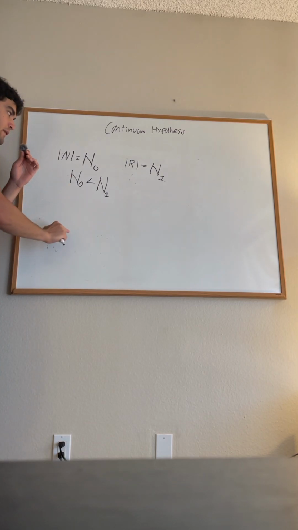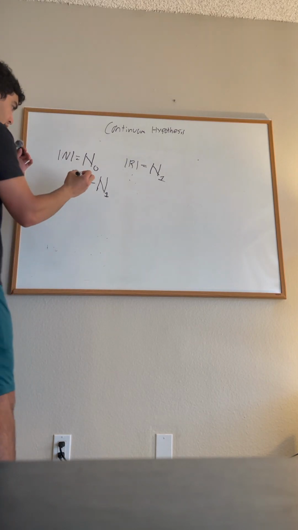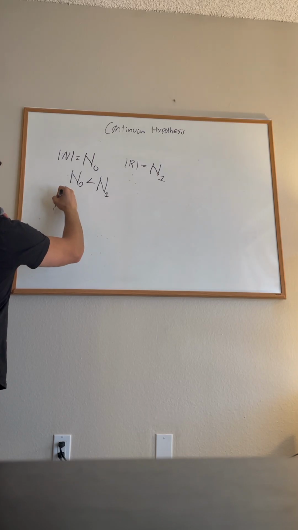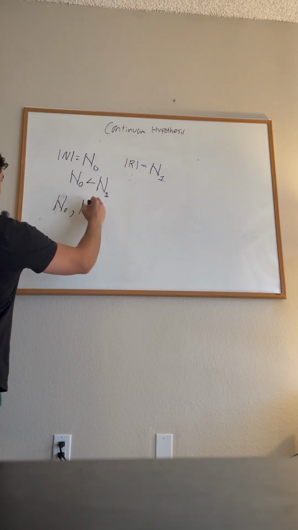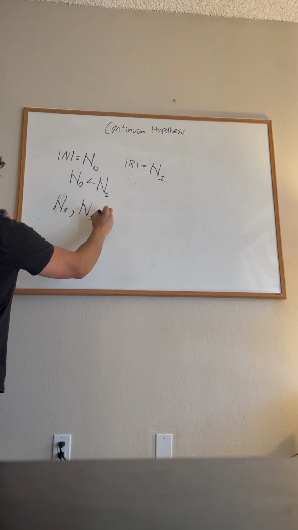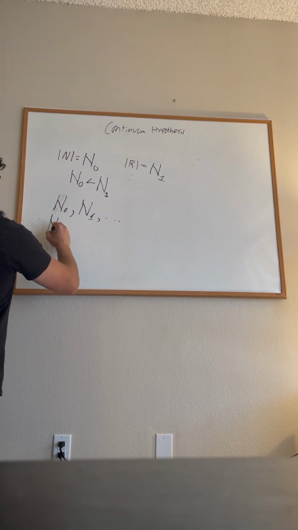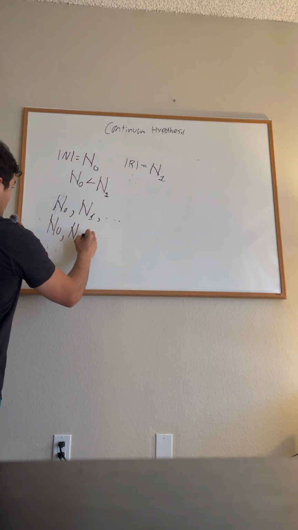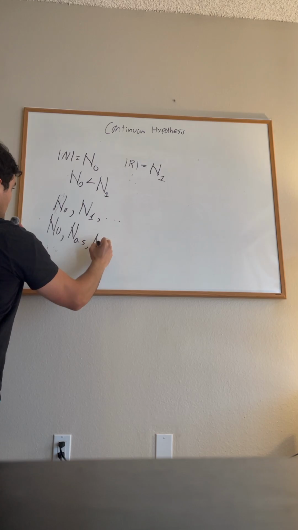So do the cardinal numbers look like this: aleph-0, aleph-1? Or is it aleph-0 and then some other cardinal number, like aleph-0.5, aleph-1?